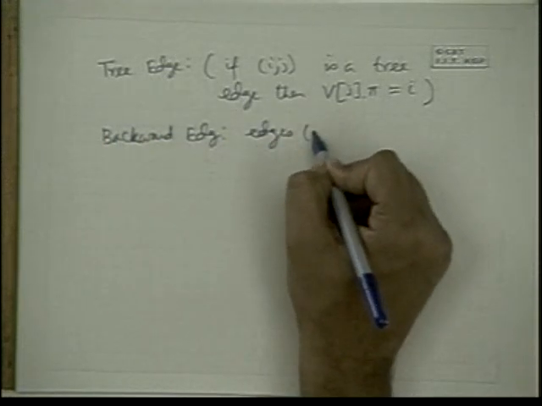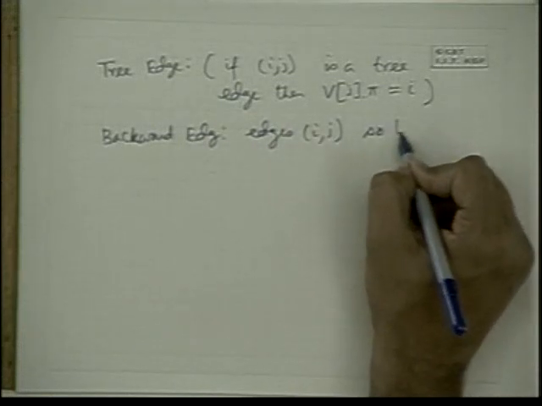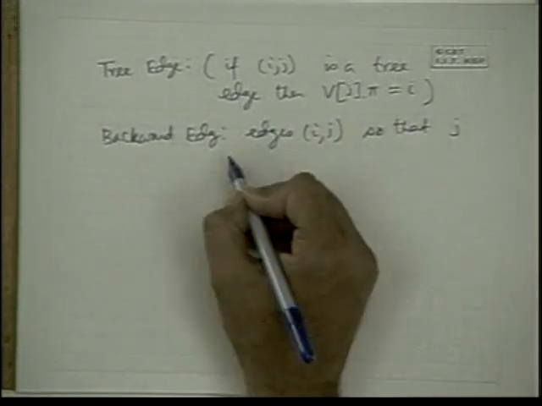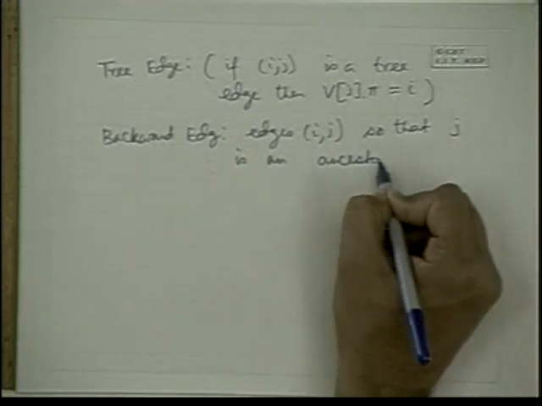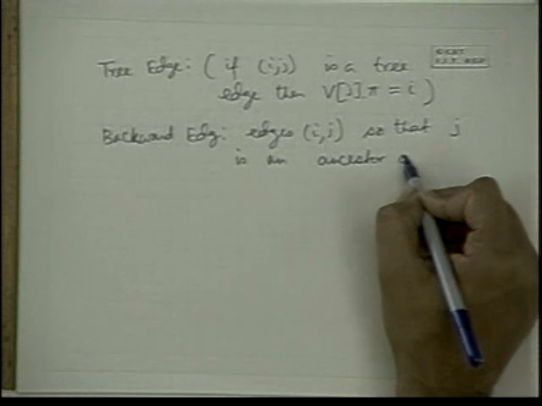Then back edge or backward edge, what is the definition? Edges ij so that j is an ancestor of i. So this time we are giving the definition more formally and differently.